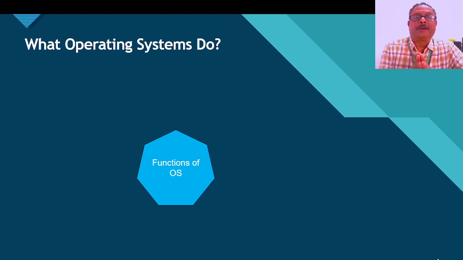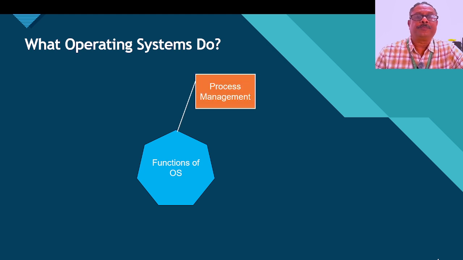What the operating system can do, just look at the list of the various functionalities performed by the operating system. It takes care of what we call process management. The code we write is called a program as long as it is there in the back end, that is, in secondary memory.